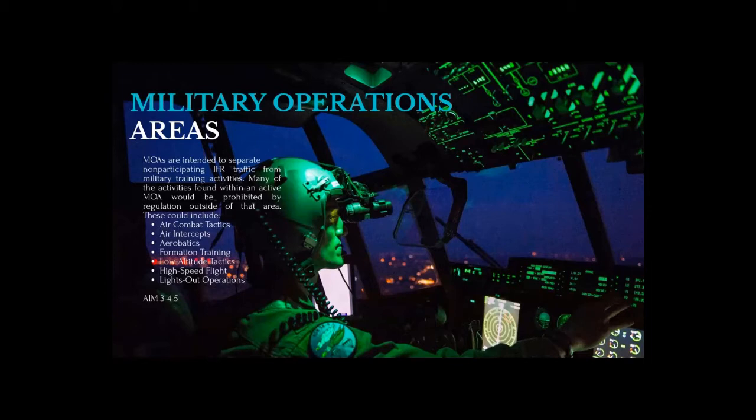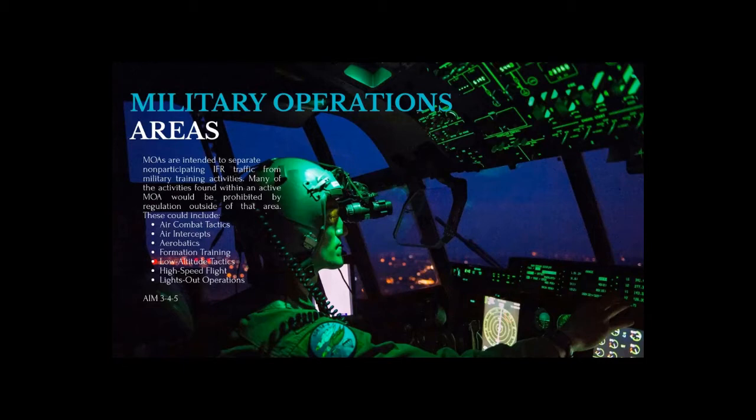To start off, what are MOAs if you're unfamiliar? The primary purpose is to separate non-participating IFR traffic, which would largely be pretty much every type of IFR traffic, from military training activities. That being said, even during active military operations areas, if they can route IFR traffic through a particular area, they might do that, but largely you would expect that's not going to be the case.